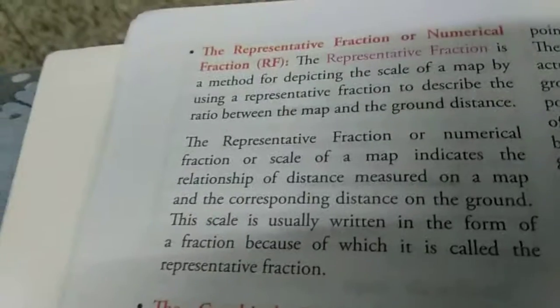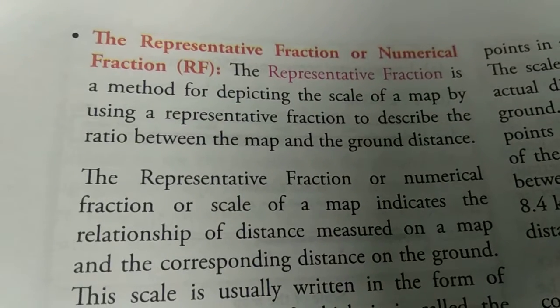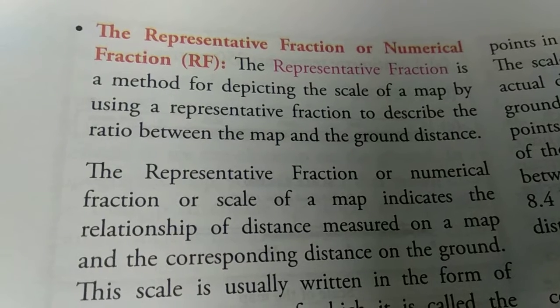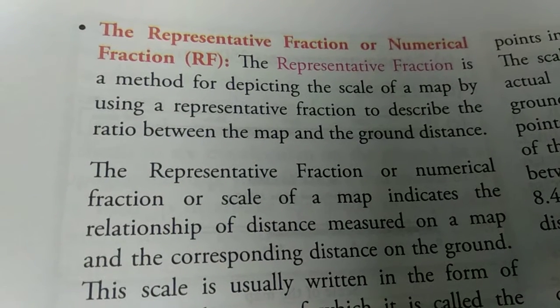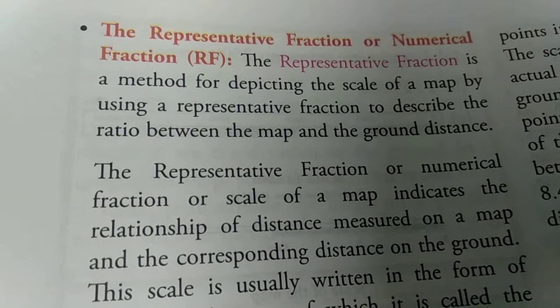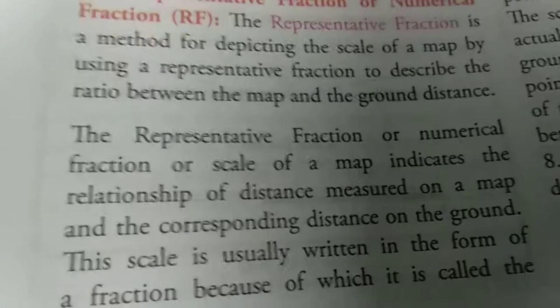Next is representative fraction or numerical fraction, that is RF. In this method of writing, the scale of the map is done using a representative fraction to describe the ratio between the map and the ground distance.